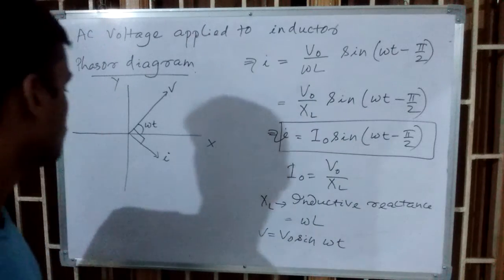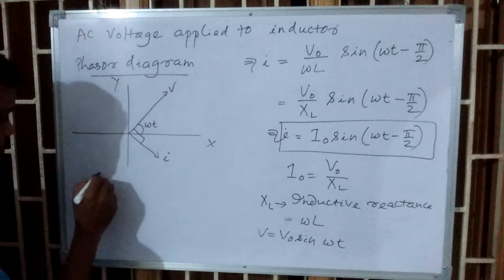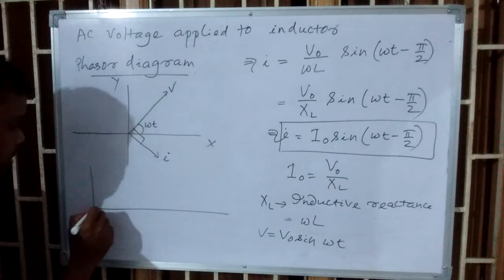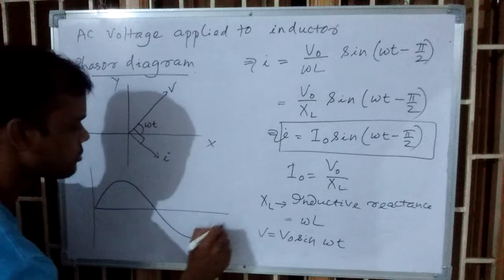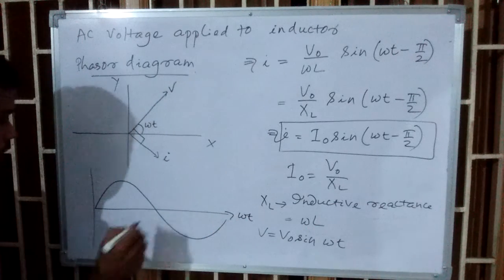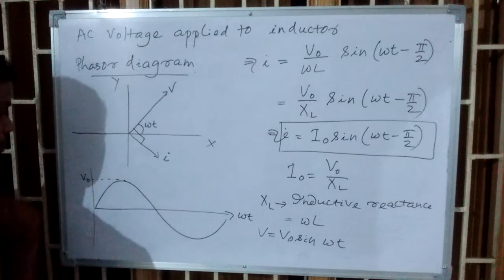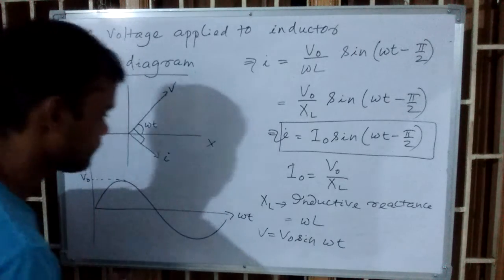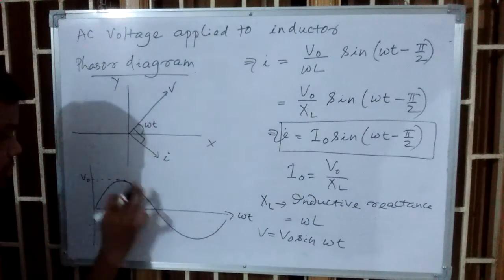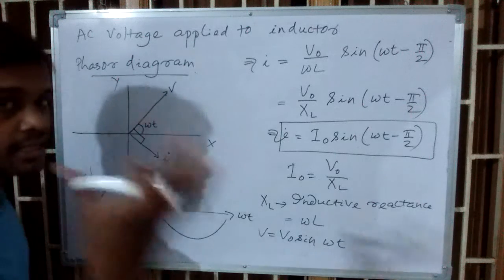So if we have already drawn the phasor diagram, how to draw the waves? Let us first draw the voltage wave. Voltage is a typical sinusoidal wave like this. This is omega t. Now this is voltage, so this length will be V naught. Now how to draw the current wave? You see, sin omega t means it starts from 0, but sin omega t minus pi by 2 means it will start after 90 degrees.